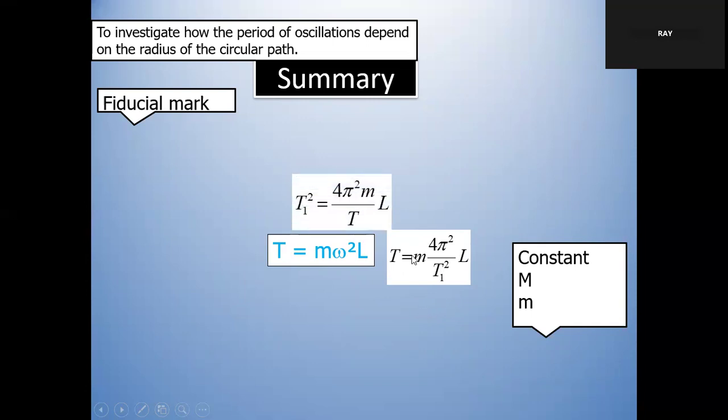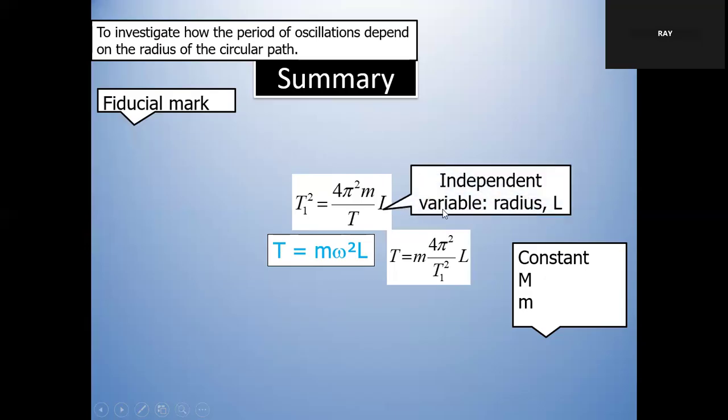Then rewrite the equation. That's the gradient. You are supposed to plot a graph of T1 squared against L. L is the radius, the independent variable. The dependent variable is T1. There's one mark there.